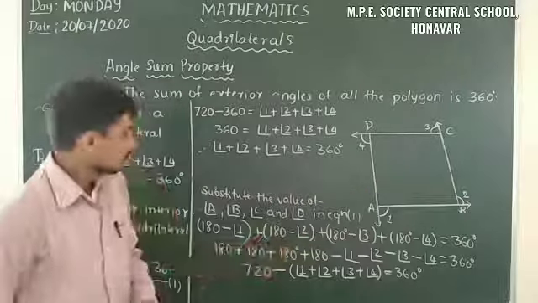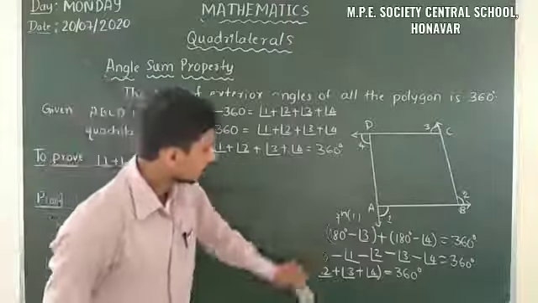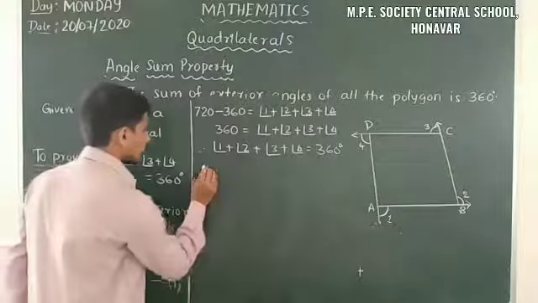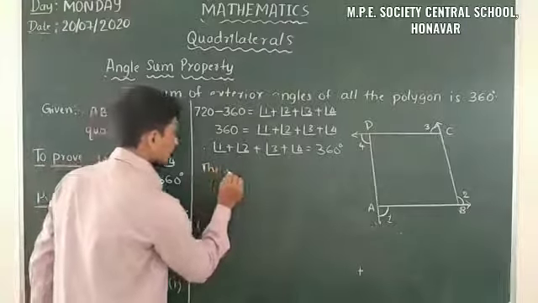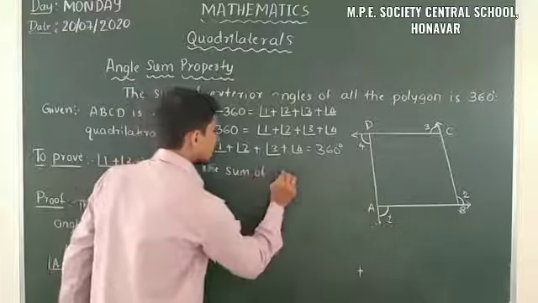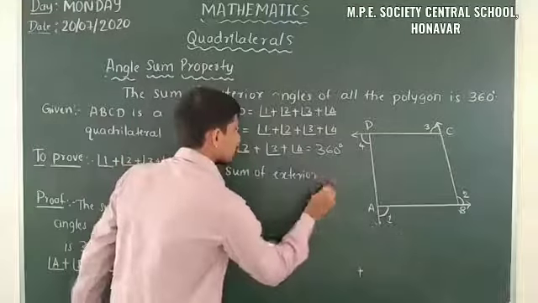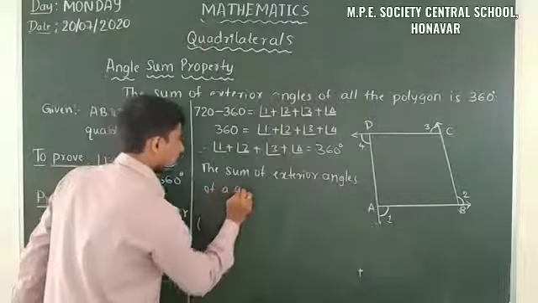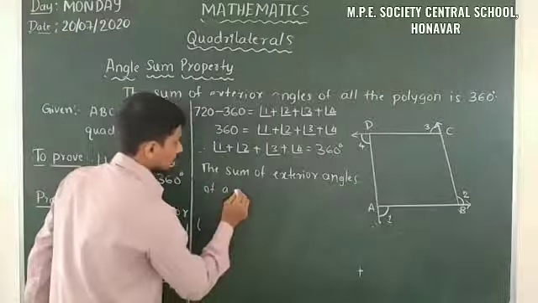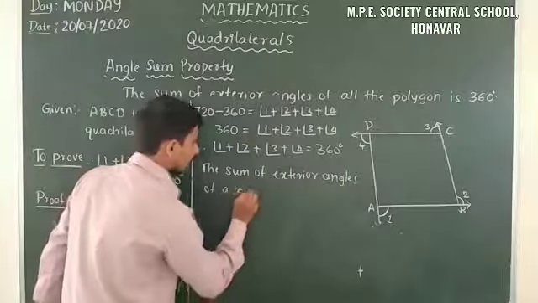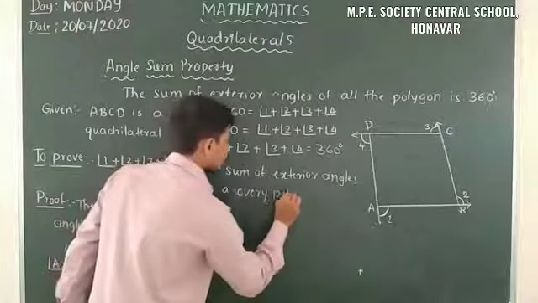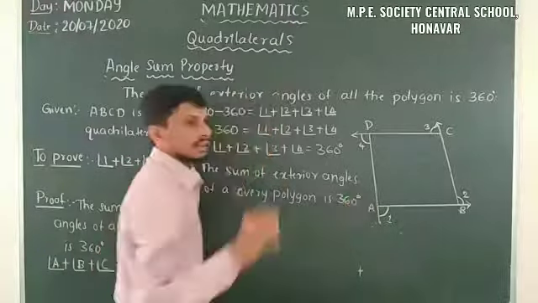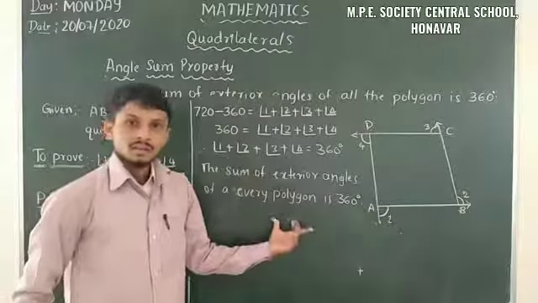So then we have to come to the conclusion, that the sum of exterior angles of a quadrilateral or any polygon is 360 degrees. So this is our required proof.